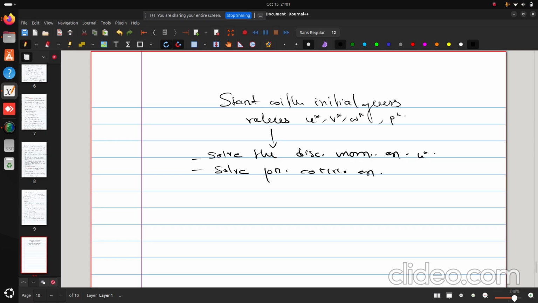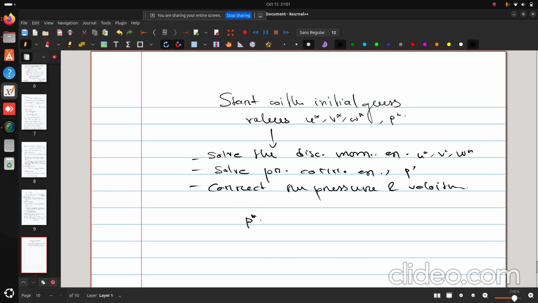So we get u star, v star and w star. We get the p primes. Then we correct the pressure and velocities. Then we get a new set of variables p star, u star, v star and w star.